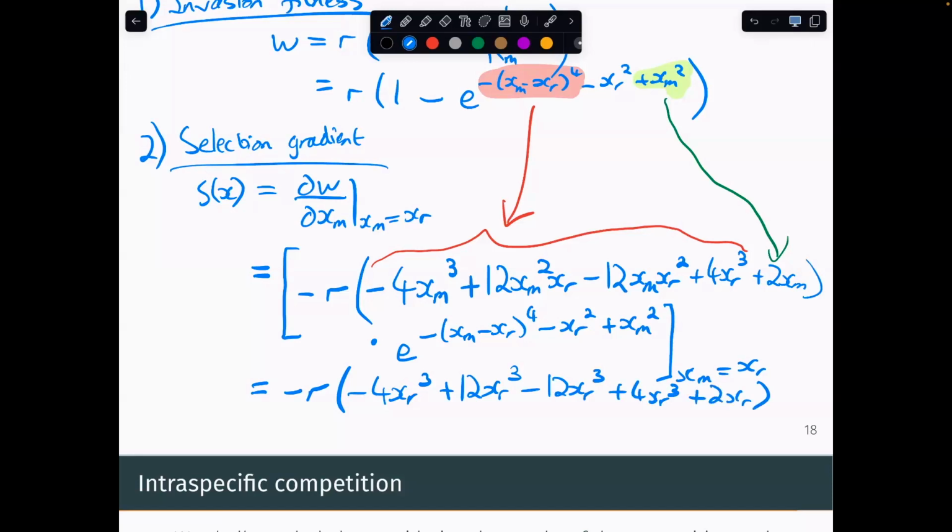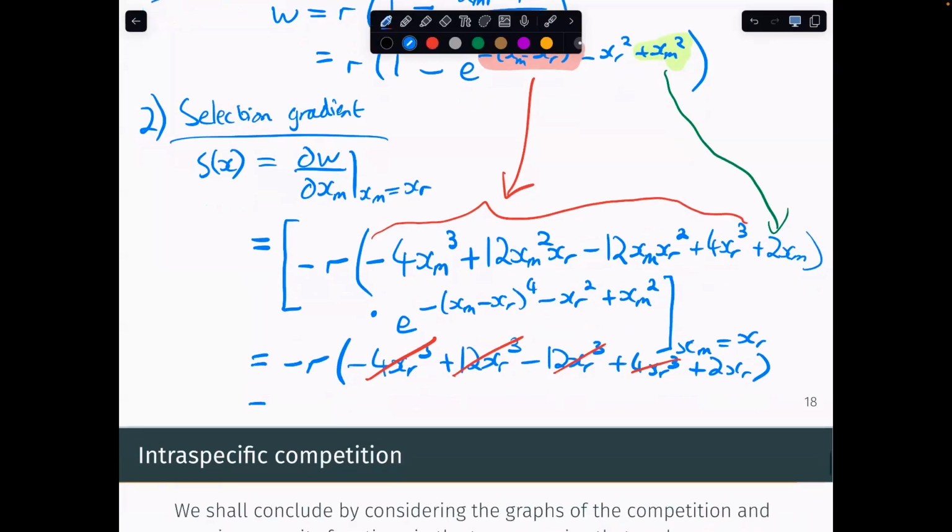What I've done here is I've substituted into this here xm is equal to xr. And you'll notice here that these cubic terms cancel. And we just end up with minus 2r xr.